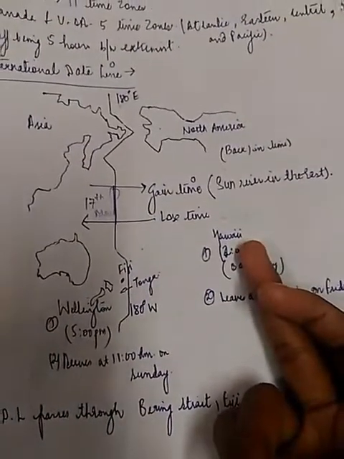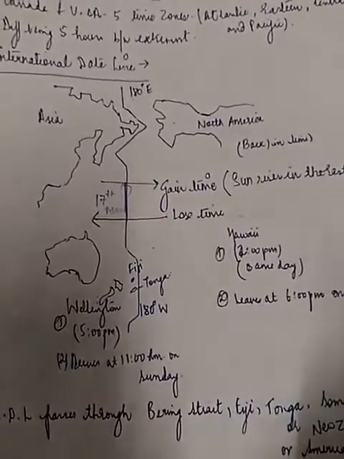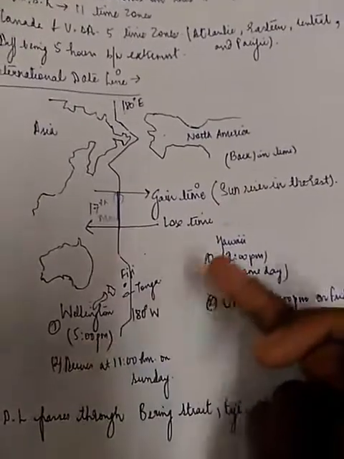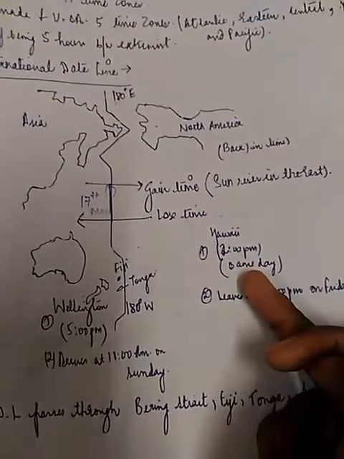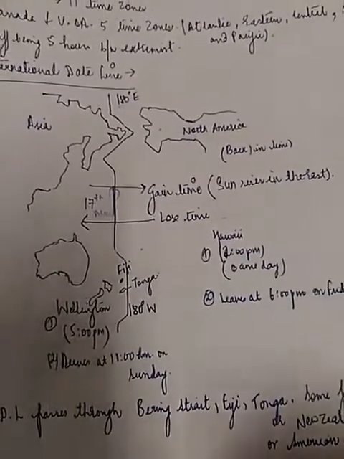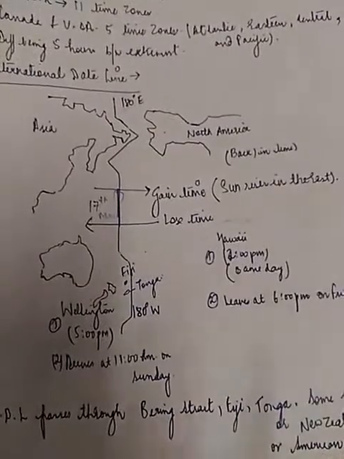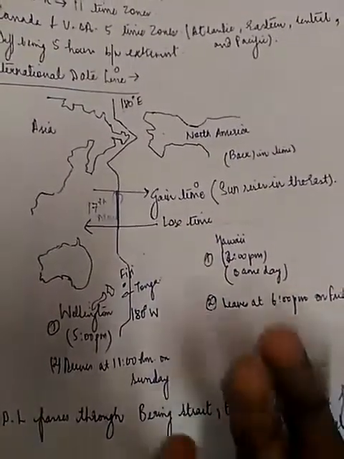We are going to gain time, because we are on the 17th and we are going back to the 16th. If we started at 5 p.m., then we are landing in Hawaii at 2 p.m. on the same date. They are gaining time.